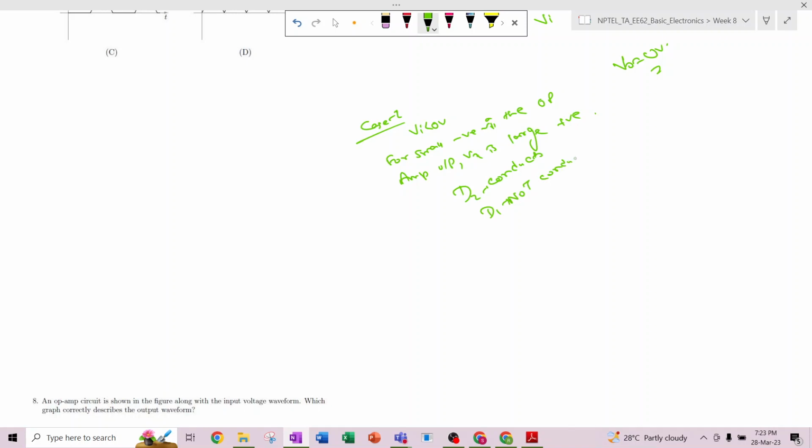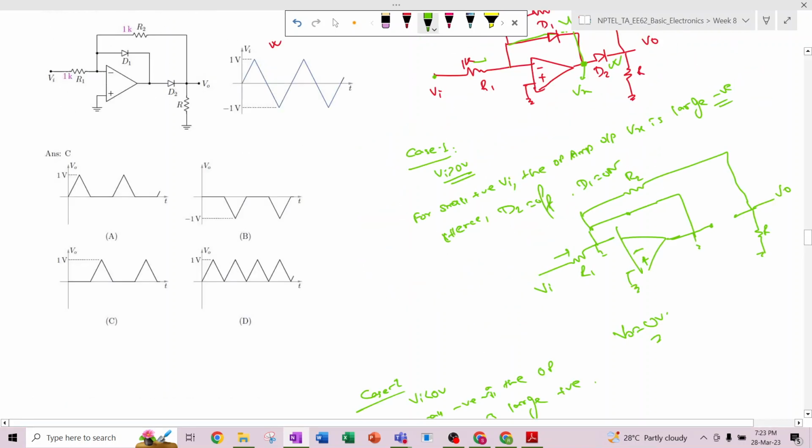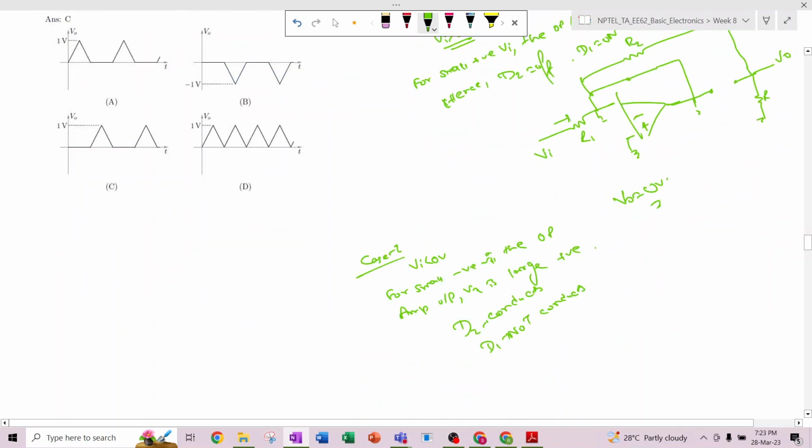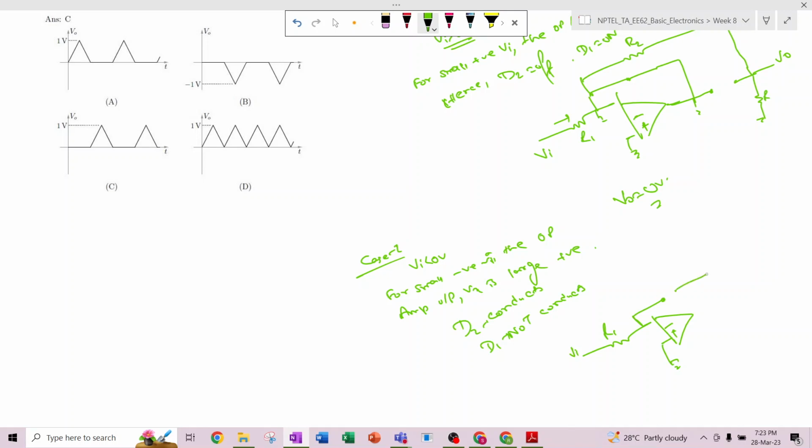Okay, so the equivalent circuit will be, D1 is not conducting and D2 is conducting, that means R1, this is Vi, this is negative, this is positive, and this is non-conducting, but this is conducting. Okay, so this is V0 and there is a feedback path also, this is R2, right?